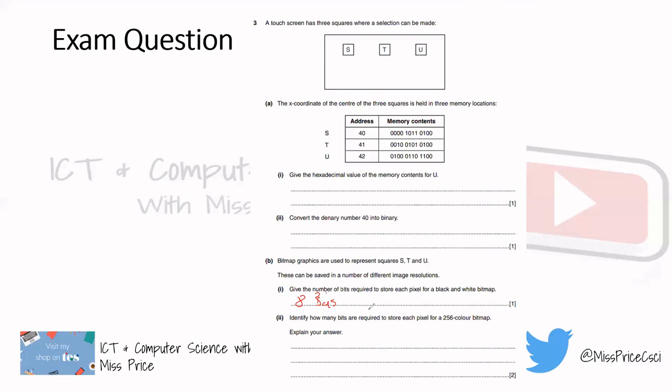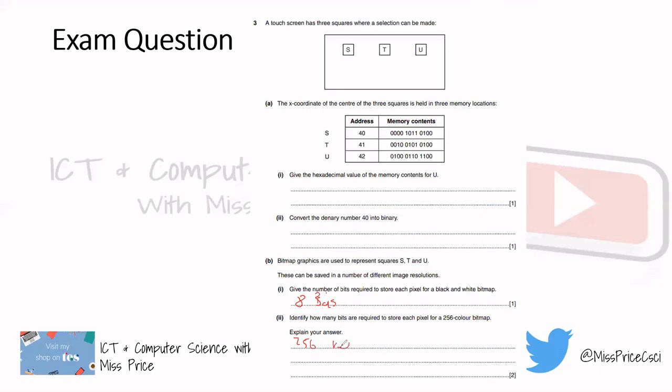Right, identify how many bits are required for a 256 colour bitmap. Explain your answer. Well, each colour has 256 values.